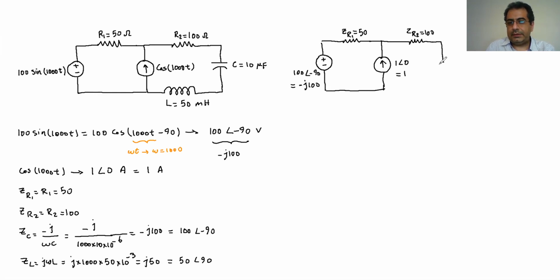Then we have the Z for the C, which is negative j100. And then we have the inductor with the impedance of j50.